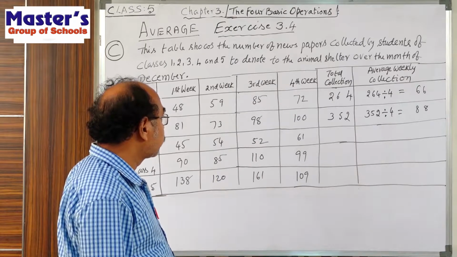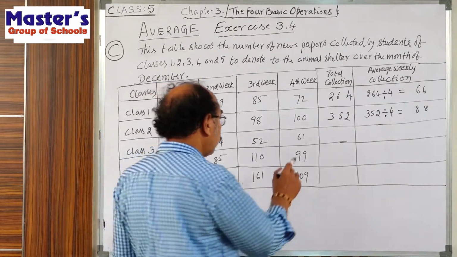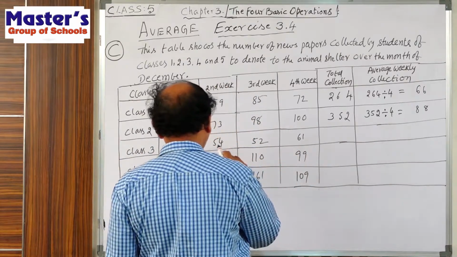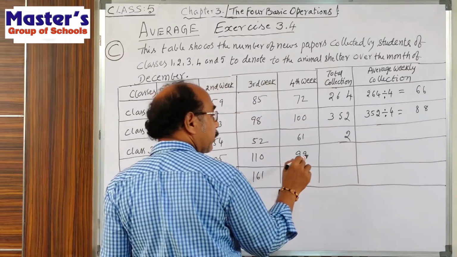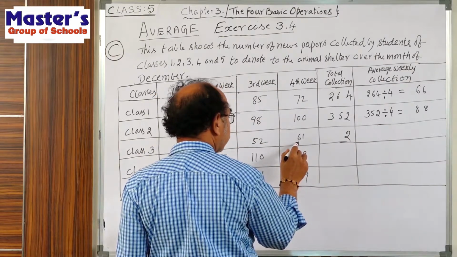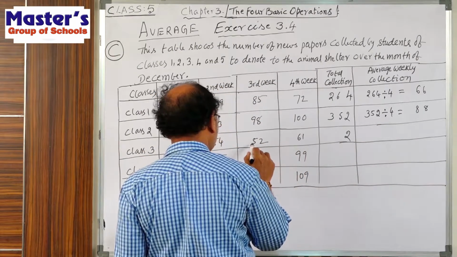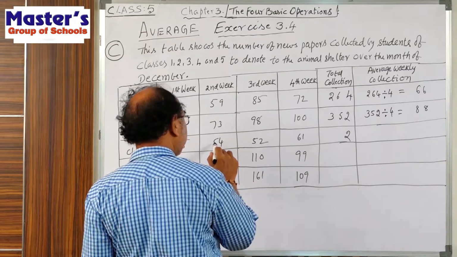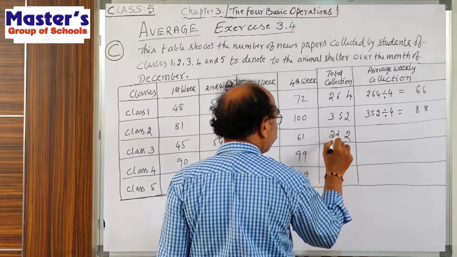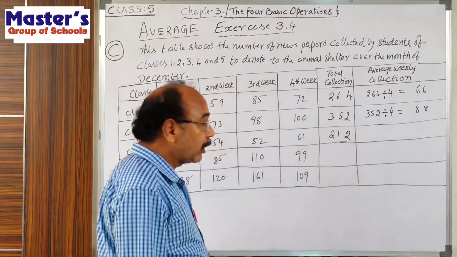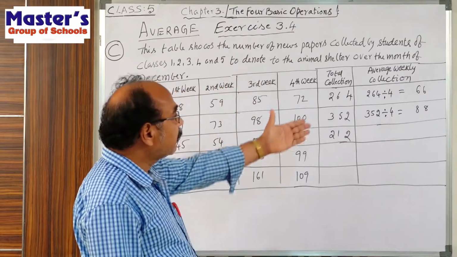Third class, total collection. Add 2 plus 1, 3, 3 plus 4, 7, 7 plus 5, 12. 2, 1 is there, no? 1 plus 6, 7. 7 plus 5, 12. 12 plus 5, 17. 17 plus 4, 21. 212 total collection. Now calculate the average.